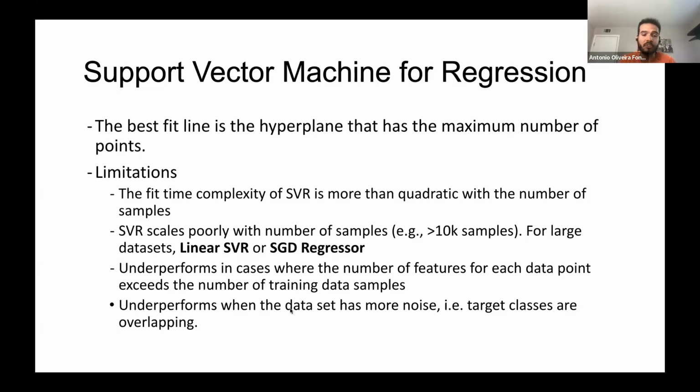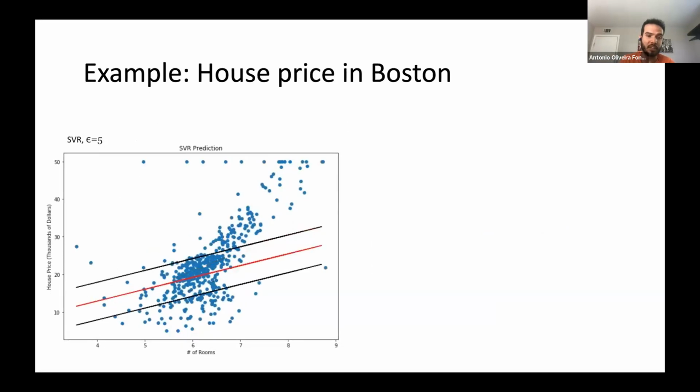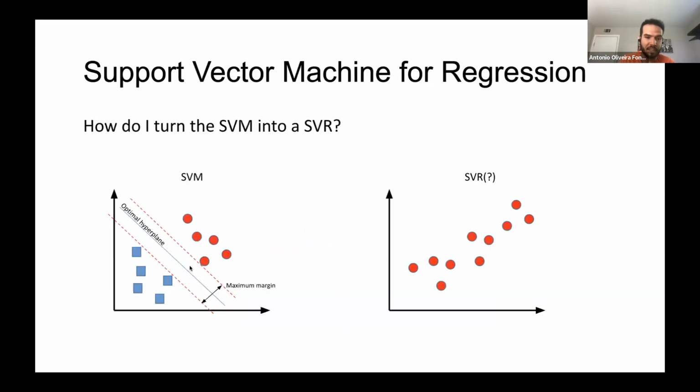But the main point is that it also underperforms when you have too much noise. For example, one of the things that we discussed before is that this is trying to find the best boundaries for separating the data, which implies that you have a degree of separation between the data, at least for this case. If this data is overlapping more, and you have noisy data sets, it's much harder to find such support vectors.